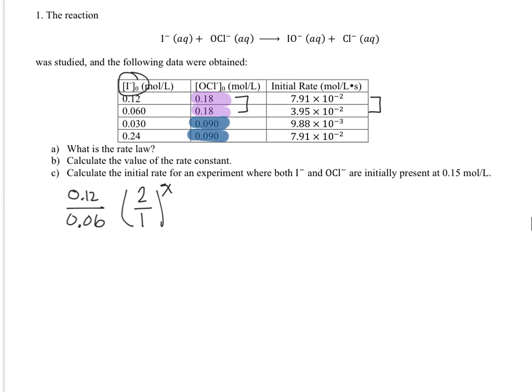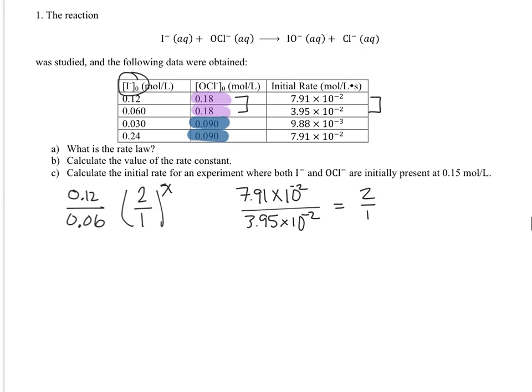This is a little bit more difficult to see, so if you can't see the ratio right here, I would put these numbers into your calculator to find the ratio between these numbers. And when I plug that in, I find out that this ratio is 2-to-1.